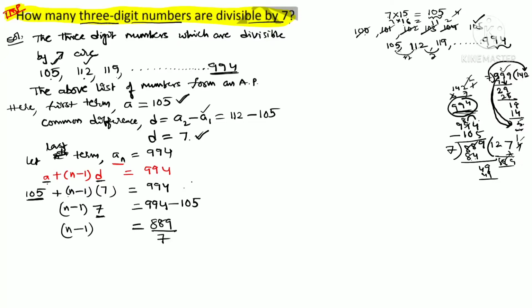Yes, correct. So 127. 7 one time is 7, 127 times.